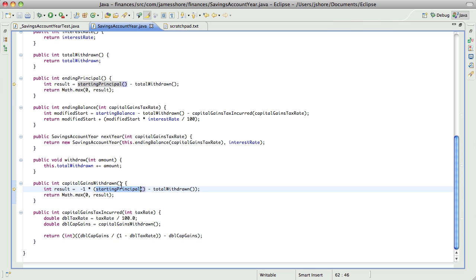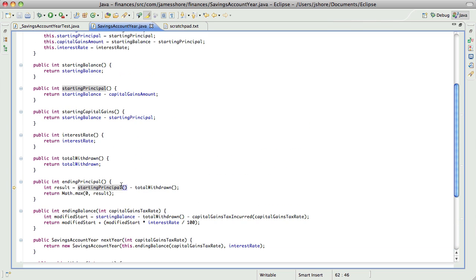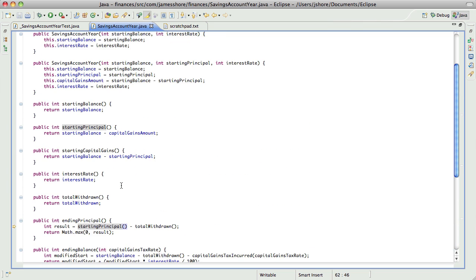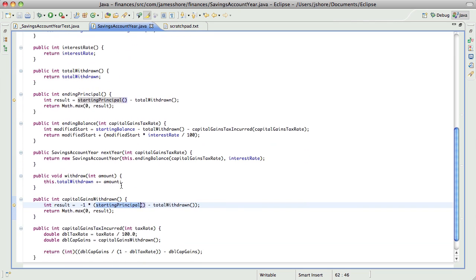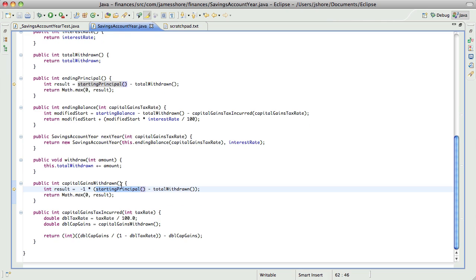So the starting capital gains is not something anybody's interested in, as far as I can tell. Yeah, capital gains withdrawn is simply starting principal minus total withdrawn.